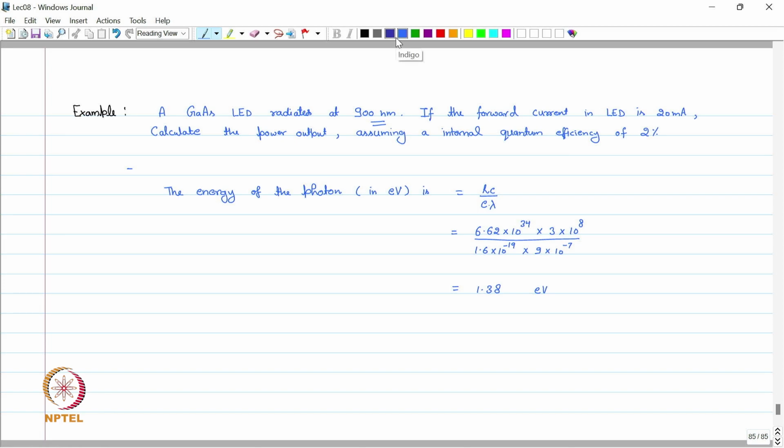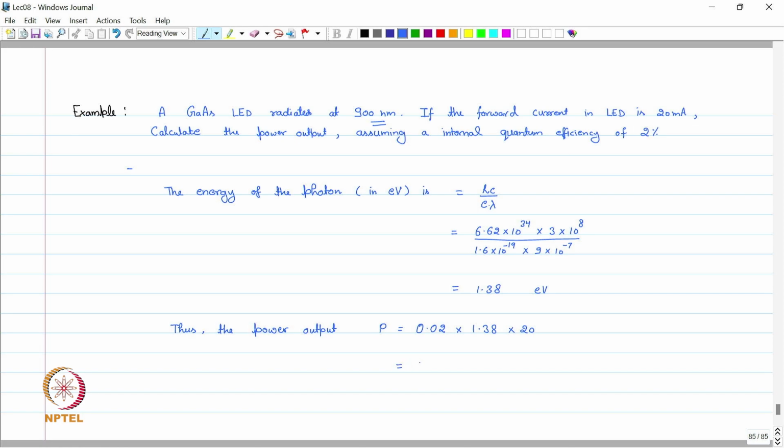Now we can calculate the power output. P is equal to 0.02, which is the internal quantum efficiency, multiplied by the energy of a single photon, which is 1.38, multiplied by the current, which is 20 milliamp here.